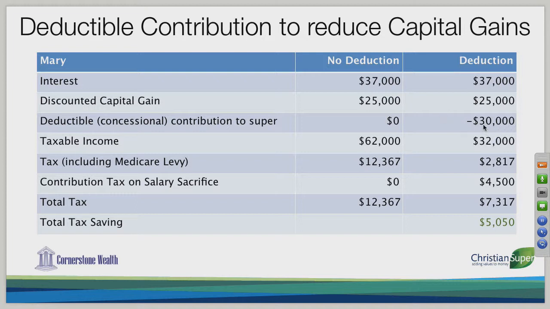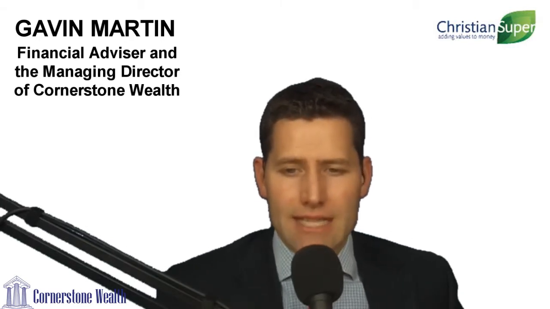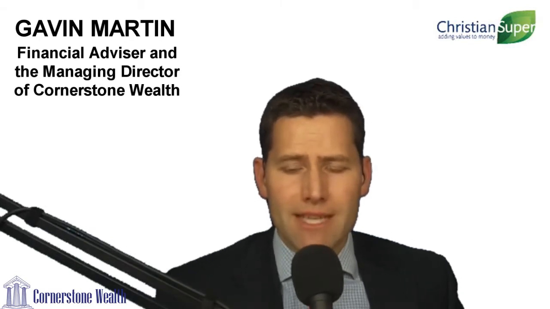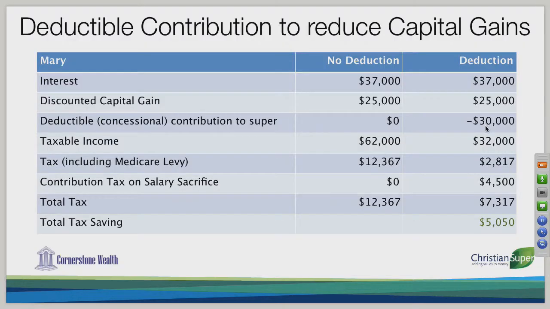She puts $30,000 into the super fund, and she fills out a particular form that says, I'm going to claim this as a tax deduction. She'll pay 15% contributions tax on that money, but that'll reduce her taxable income by $30,000. It'll reduce her tax significantly from $12,000 down to $2,800, but she will pay $4,500 contributions tax. Overall tax has been reduced by $5,000.